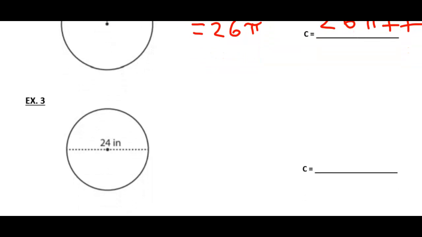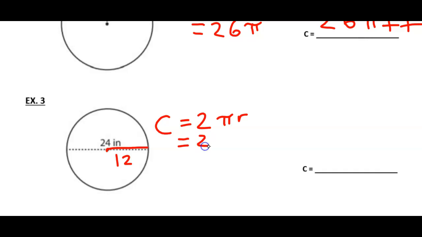All right, so now here's the diameter. I could use the other formula, pi d, but I could be consistent. What's the radius here? If the whole way across the diameter is 24, then the radius is 12, right? So again, circumference is 2 pi r.